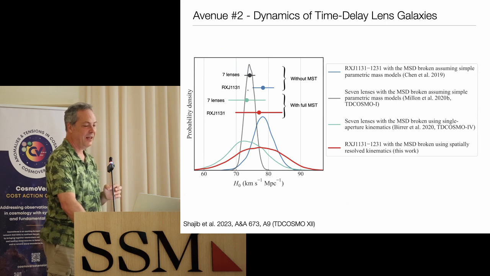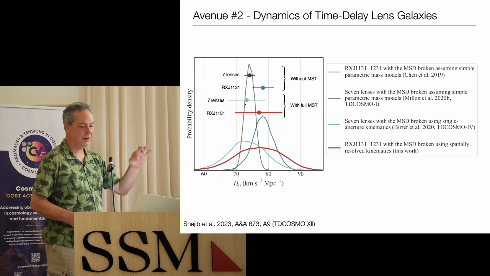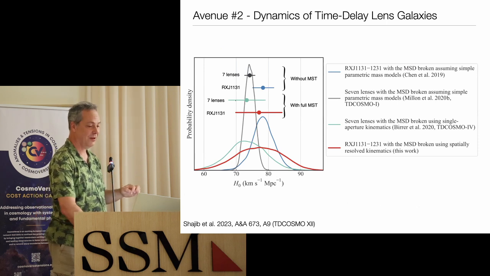Now, if we have 7 lenses, but with a relaxed model, and using aperture kinematics to constrain the models a bit more, that's what we have. It's all about 70.